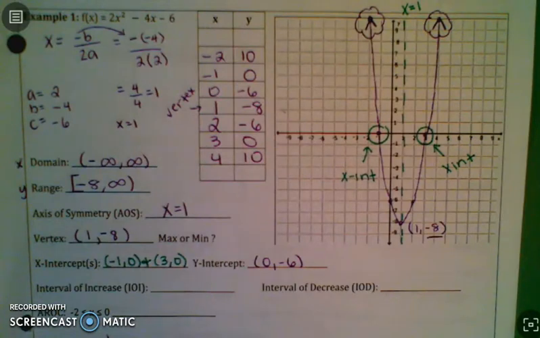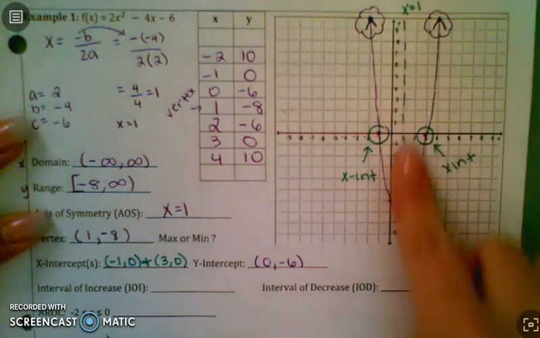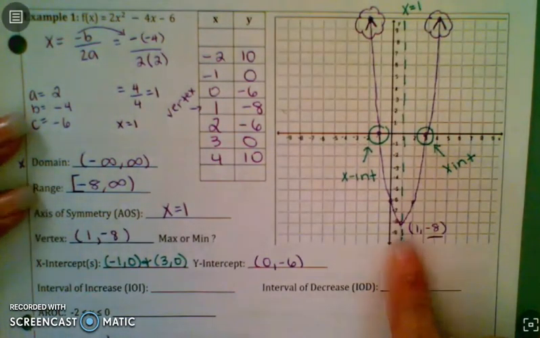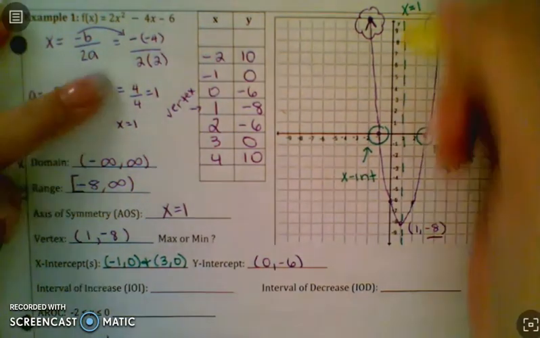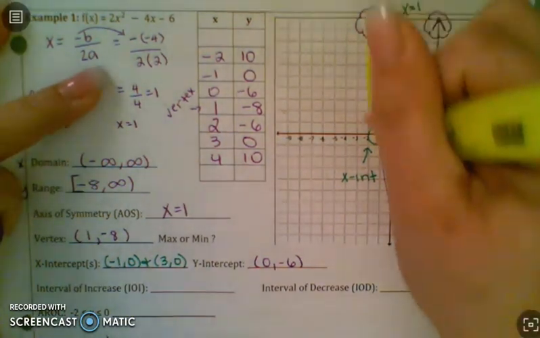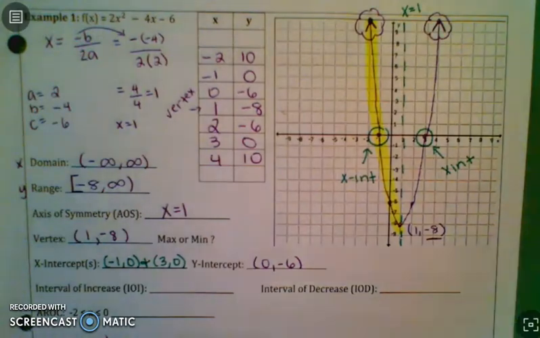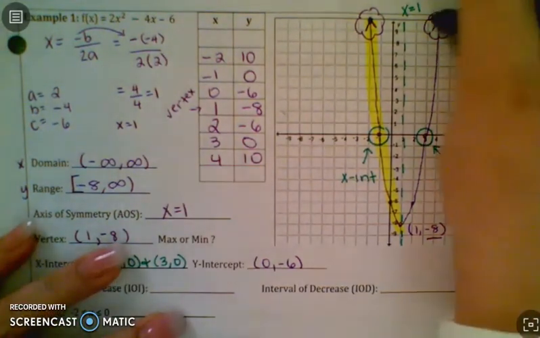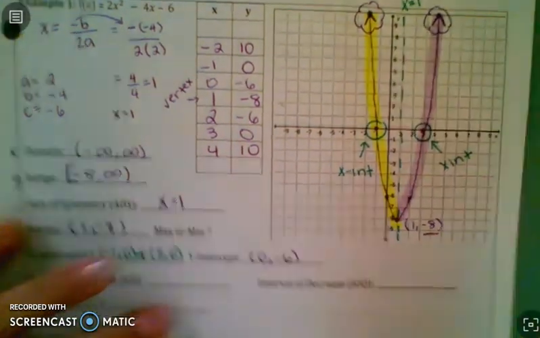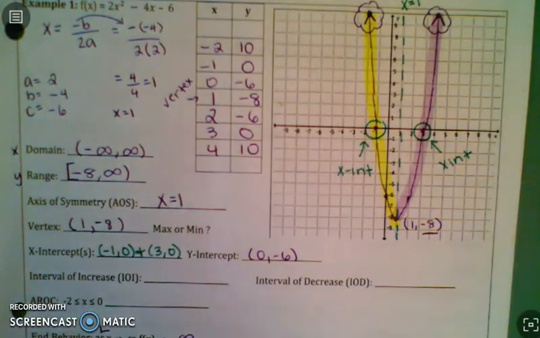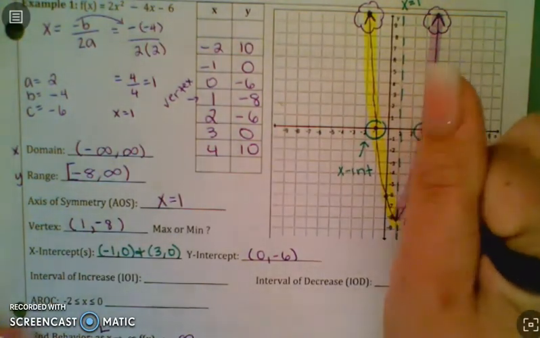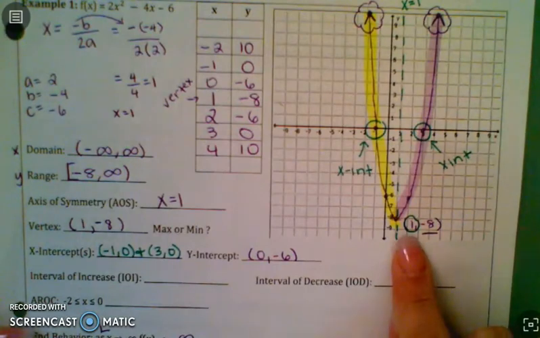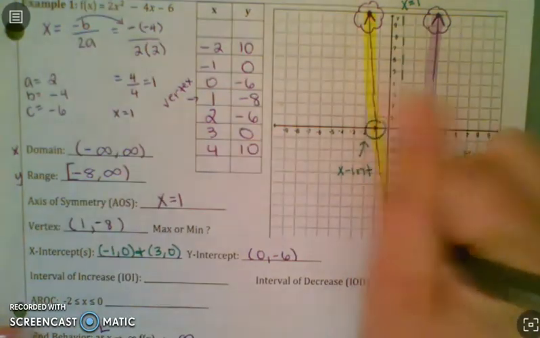Next we're doing interval of increase and decrease. That part's new. We have to use our axis of symmetry to split it. I have half my graph right here, and the other half of my graph right here, and it's splitting at 1, at our axis of symmetry, x equals 1.